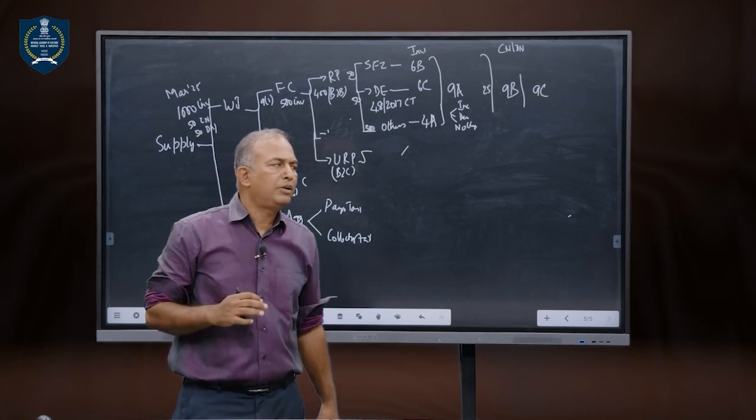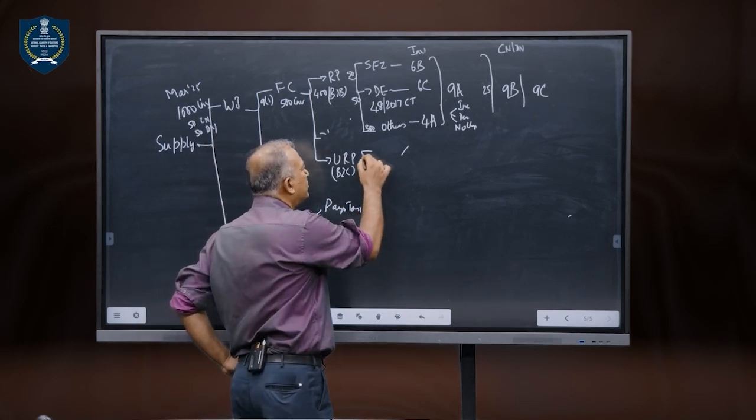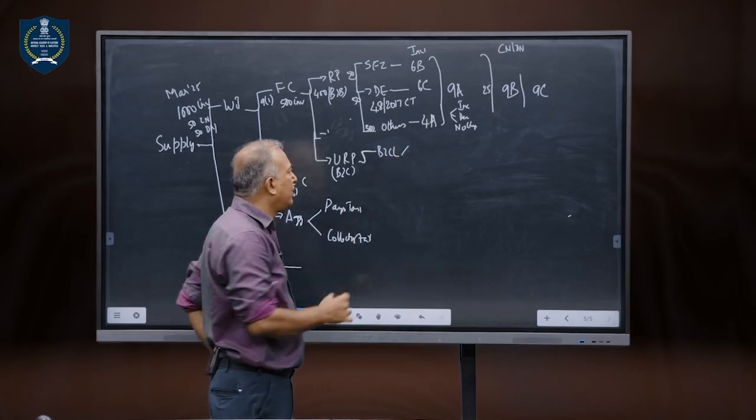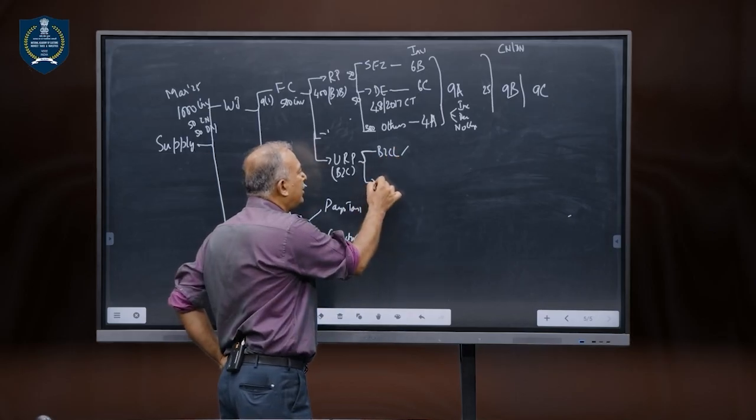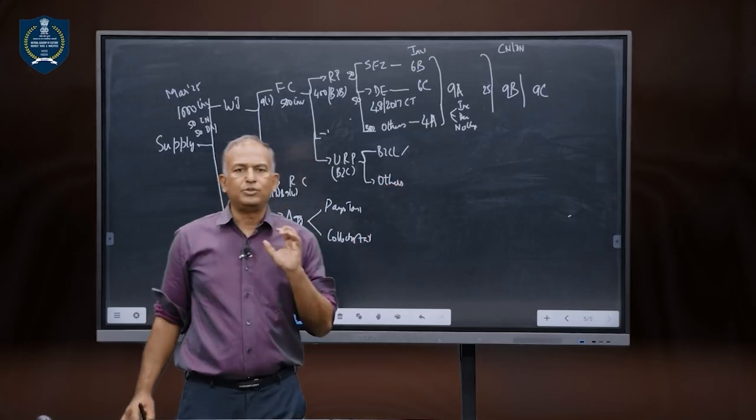Now, once you say it is B2C, it is split into two categories. One is called B2C large, and the second is others. What do you mean by B2C large?